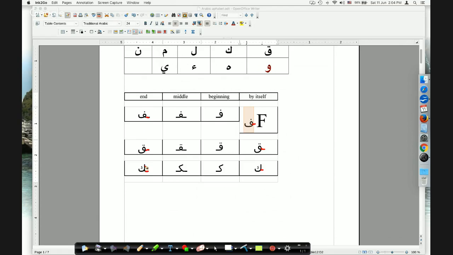This is the line coming from the top, and this is the curve, and they are meeting in this spot. So this is where the connection will be. Same for the letter qa. This is a circle, go in a circle and go down here, and suddenly stop here, and this is where the connection will be. So the connection is always at the point where more than two lines are crossing together. This is where we start the connection. It doesn't matter what the letter is.